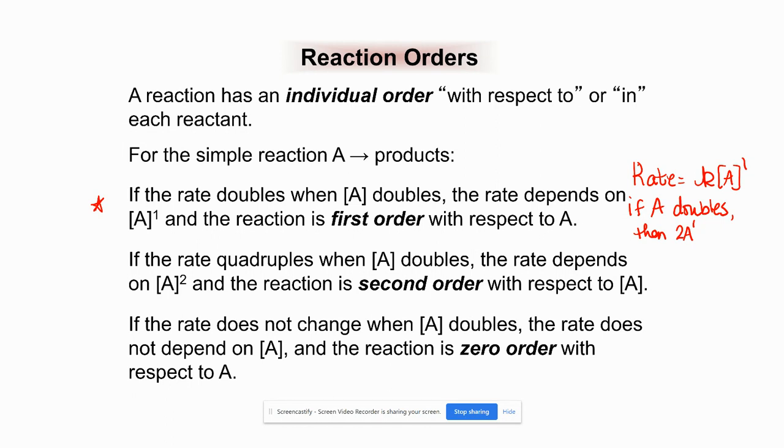Yeah, 2A. Then 2 to the 1 equals 2. And so the rate will double. So we will need data for this, right? We would need to see how the rate changes if we changed A in a decomposition. And if we double A and the rate doubles, then we conclude that the reaction is first order. First order will simply mean that this exponent is 1.